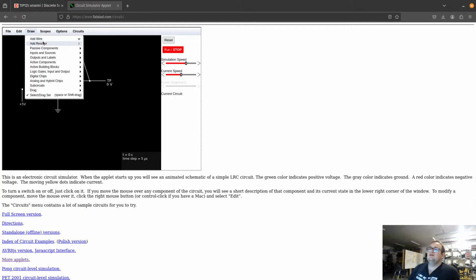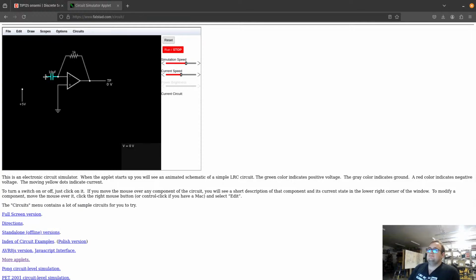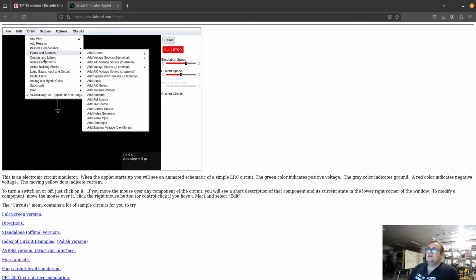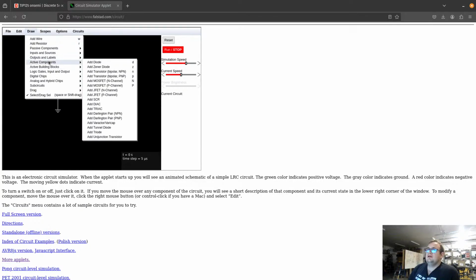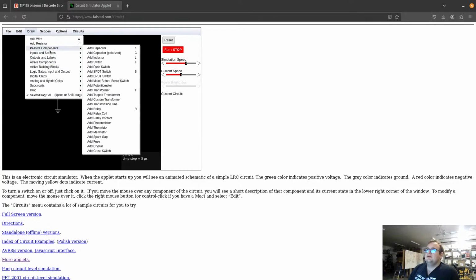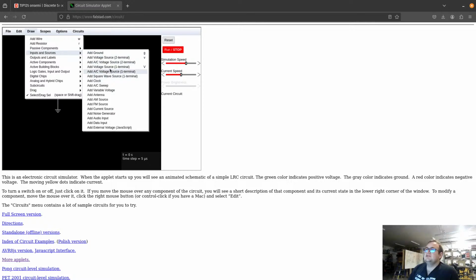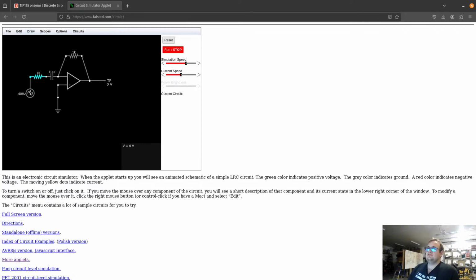Draw. I think I'll actually do a, active components. No, I want inputs and sources. Add AC voltage source right there.